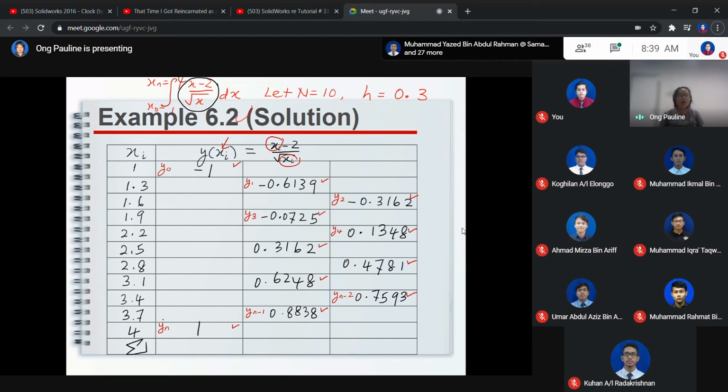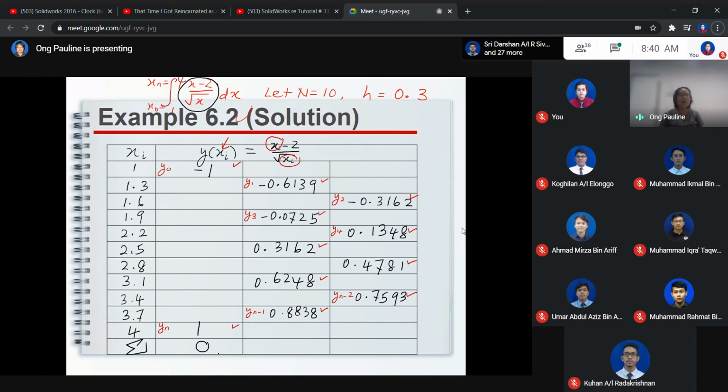So if you sum up each column, so meaning that the value that you obtain for the first column will be the y naught plus yn. Okay, so ini kita dapat kosong. And the summation of the second column will be the summation for y odd number. Okay, dan ini merupakan summation untuk y even number. So selepas tu you just darabkan yang ini dengan satu.